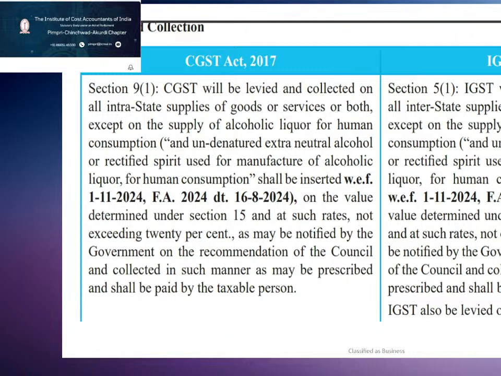So they may ask what are the goods the manufacturer who is not eligible for the composition scheme. That time we need to write all those manufacturing items.